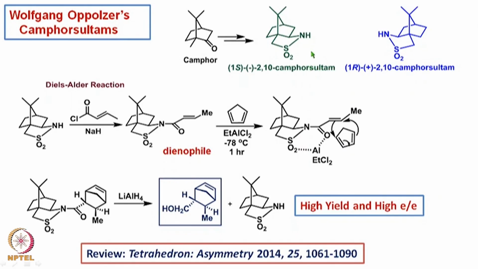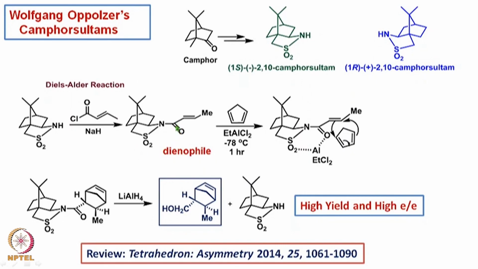So now let us see some reactions. For example, if we take one of these camphorsultams and react with this acid chloride in the presence of sodium hydride, then we get this kind of dienophile, which is a chiral auxiliary containing dienophile.